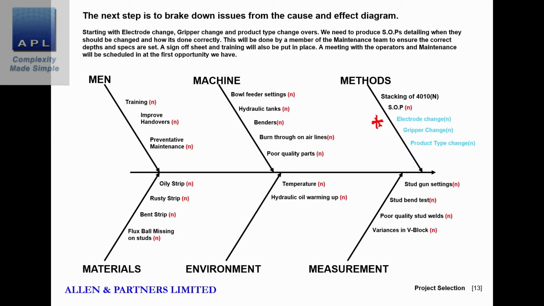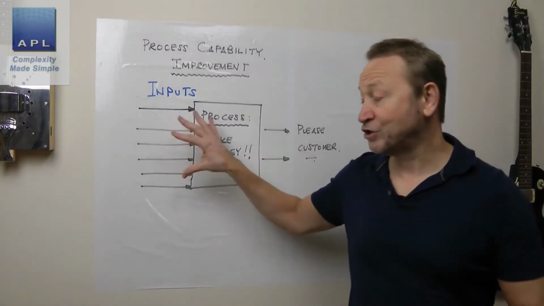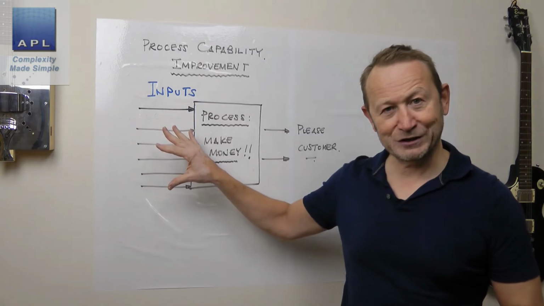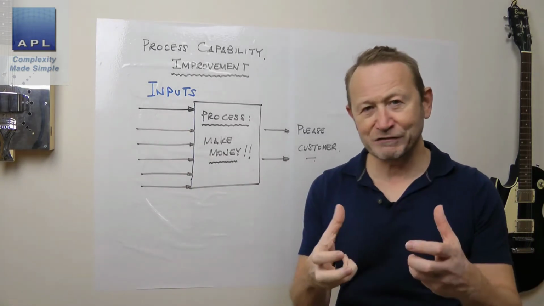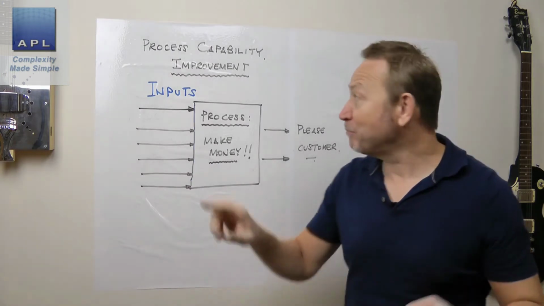And by the way, just a reminder, none of this is complicated. None of these things are individually difficult to do, but collectively they make a very complex problem. But what do you do? You break it into inputs. You simply break it into a diagram like this, and you look at each individual input, and each individual solution is simple.